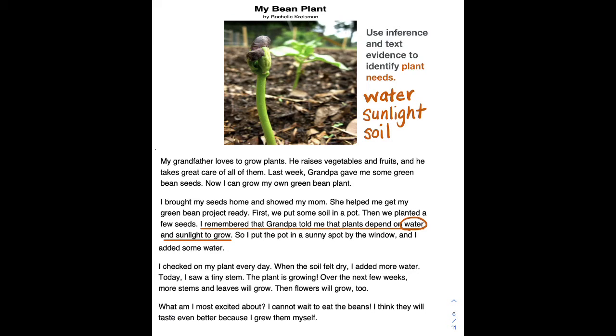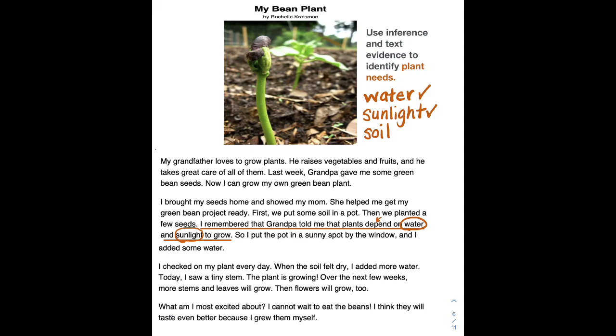It tells us right there, water and sunlight, and we know our word depend. So we learned through text evidence here that plants must have water and sunlight. So we have just backed up what we know with evidence.